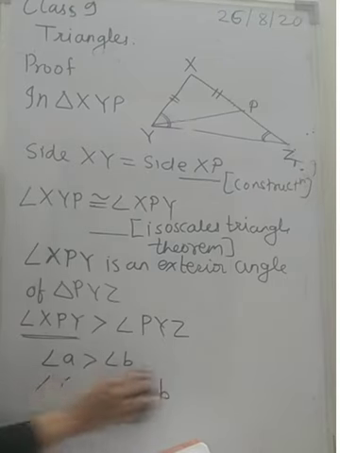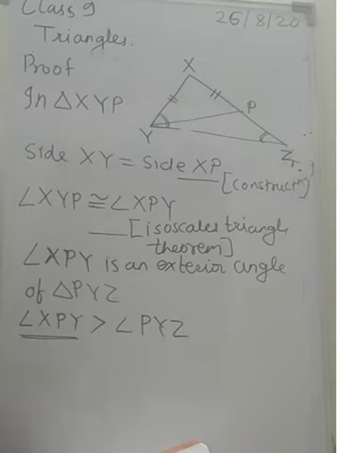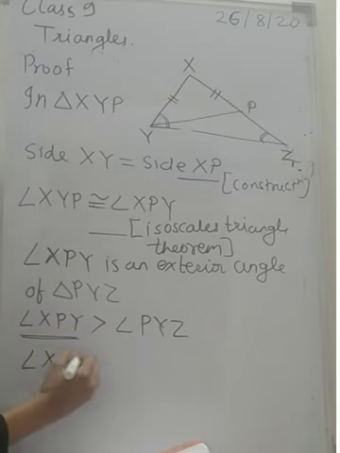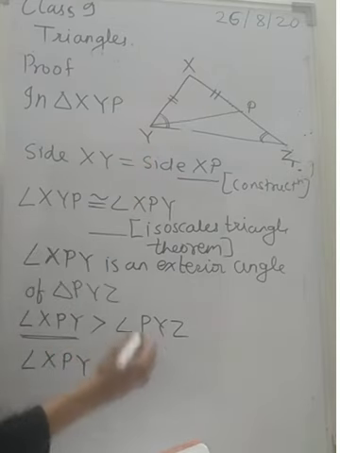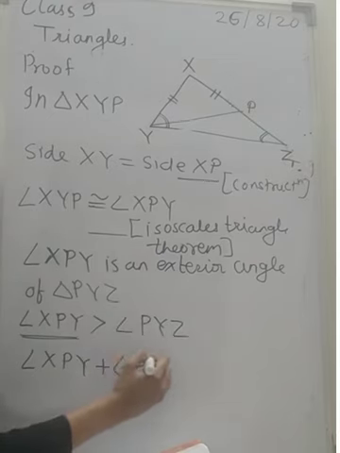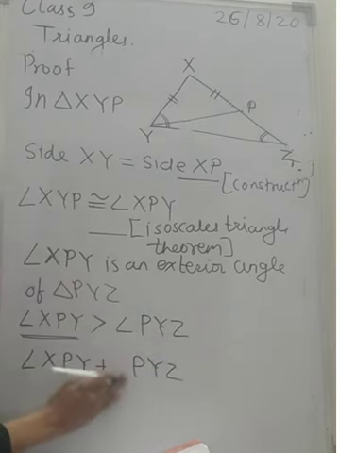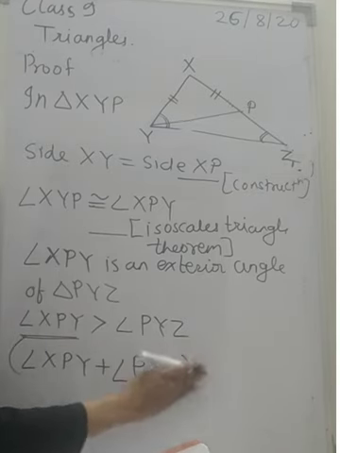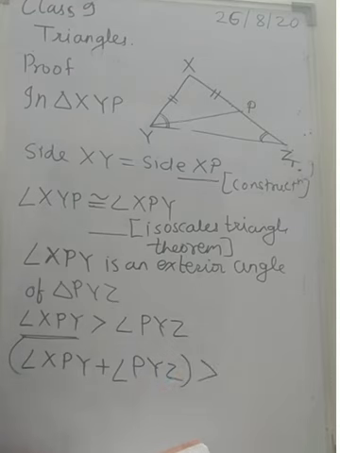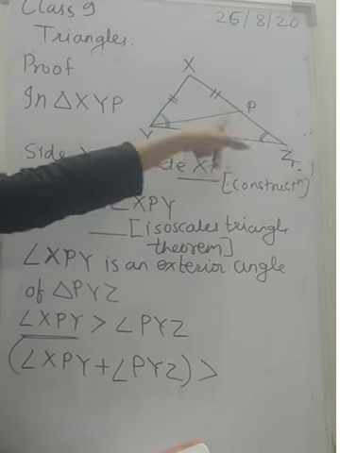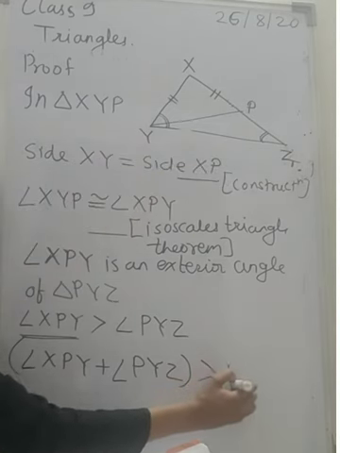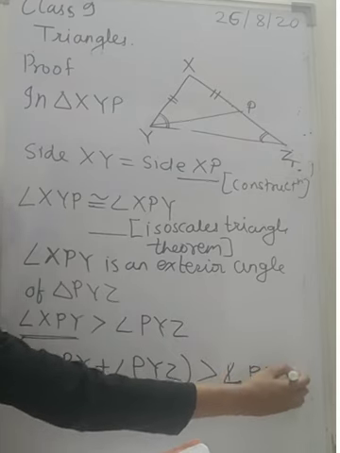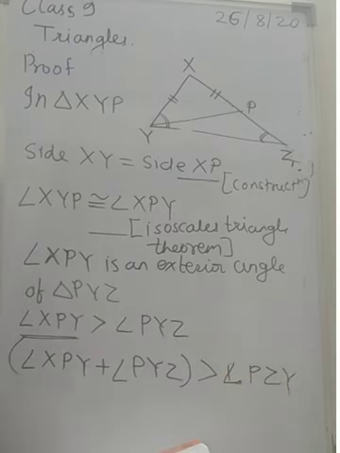If you agree with this, then if I add a little angle to this side, angle XPY plus angle PYZ, this all will be greater than this smaller angle, angle PZY, and that's what we want to prove, right?